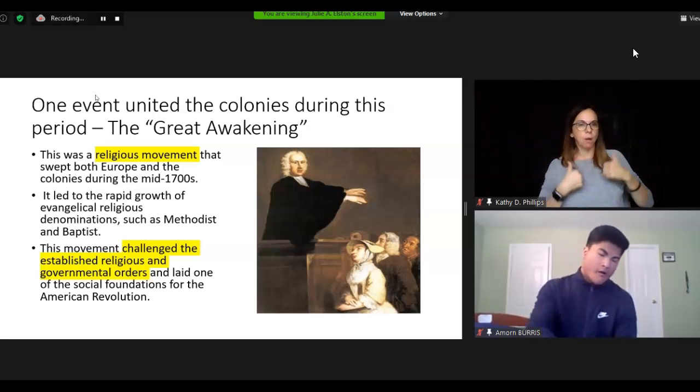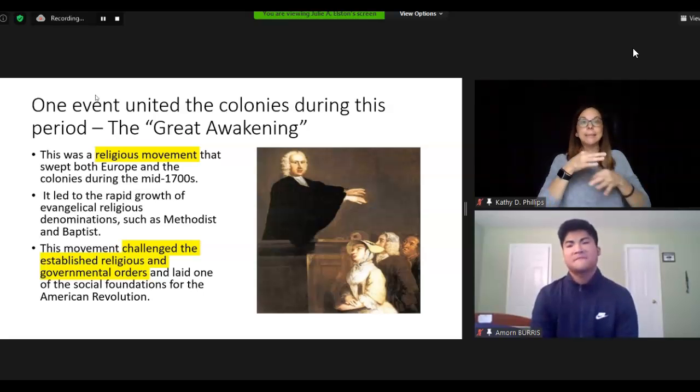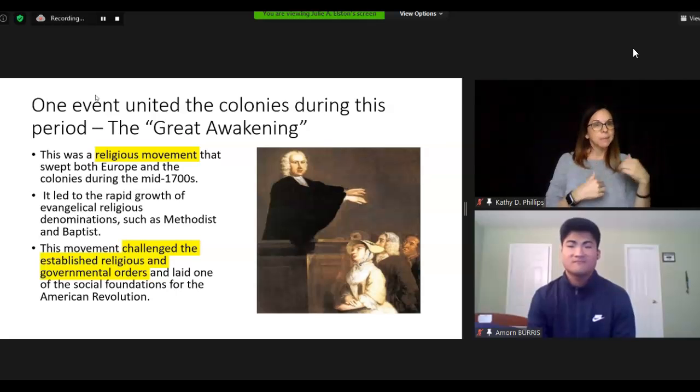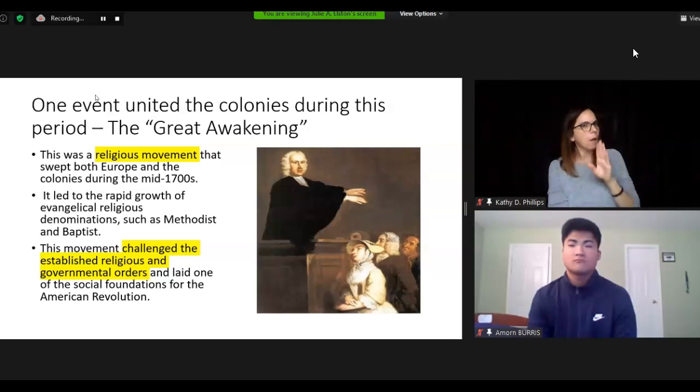And what happens is, instead of necessarily the church telling people how to have a relationship with God, these newfangled preachers and ministers tell people that they can have their own personal relationship with God. They don't need the church to be able to do that.